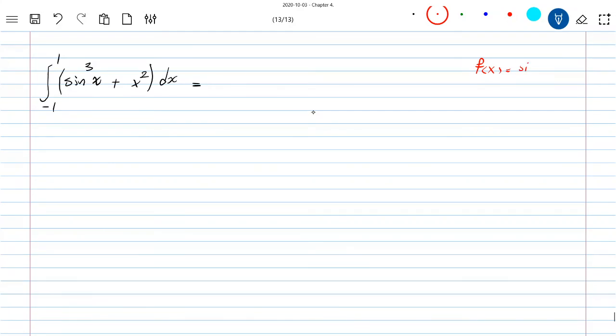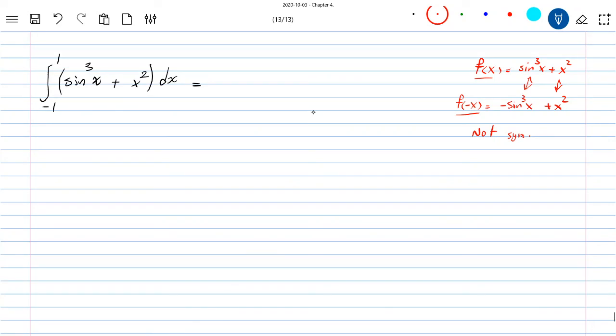If I pick the function to be sine cubed x plus x squared and say, is it a symmetric function? F of -x would be negative sine cubed x, but x squared would be positive x squared. So this is not a symmetric function at all. These two are opposite of each other, but these two are equal.